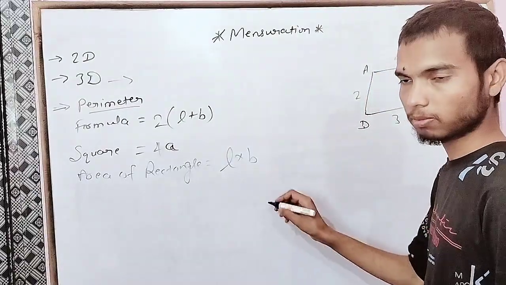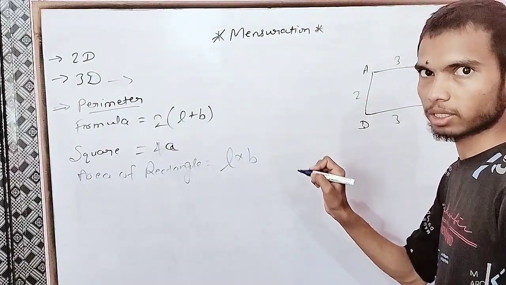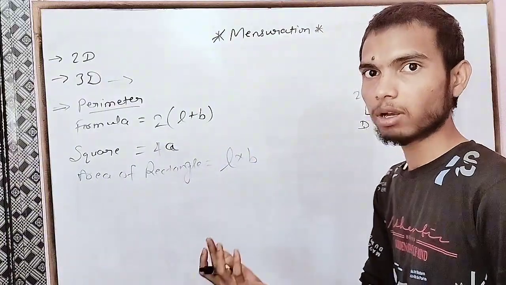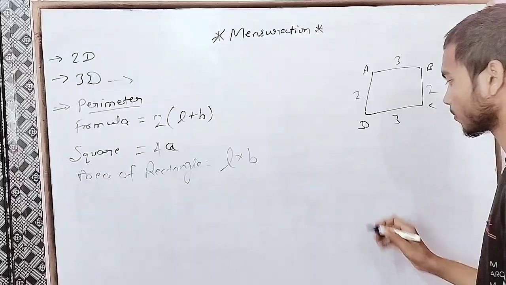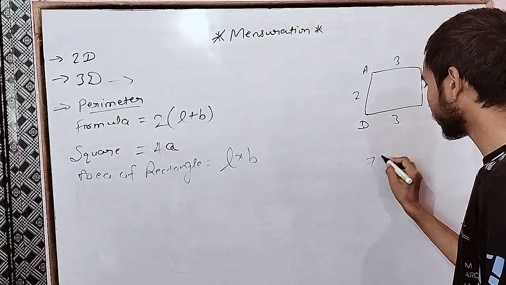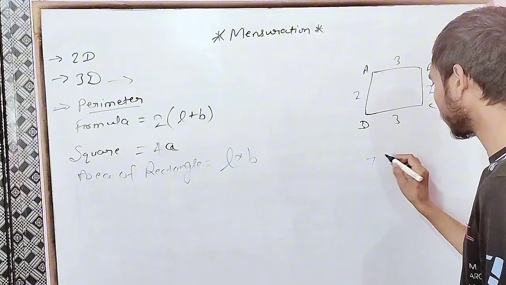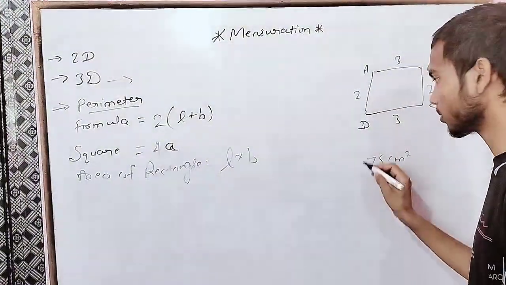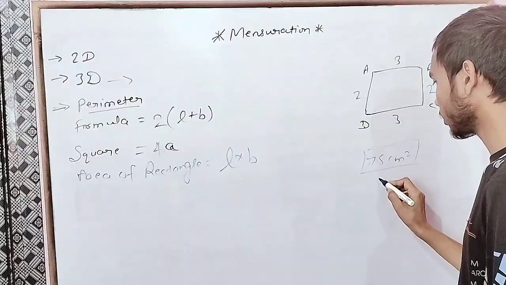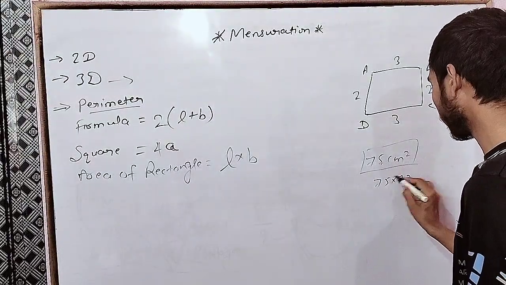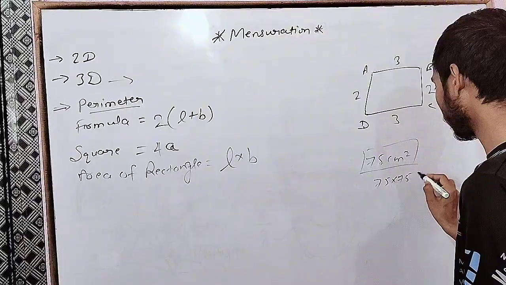In the last step we apply a square, which means double. If our area is 75 centimeter, then in the last step we will apply a square, which means double. So 75 multiplied by 75.